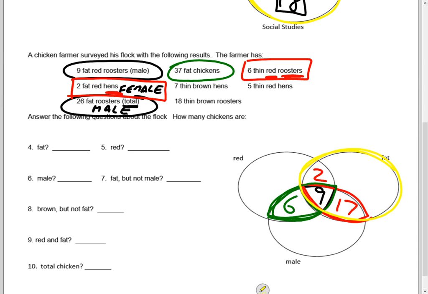Does it say 15? Yes. How much is left for the 37? 26, 28, 9. So we have the entire fat circle.